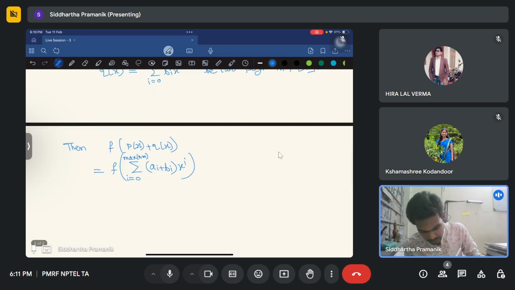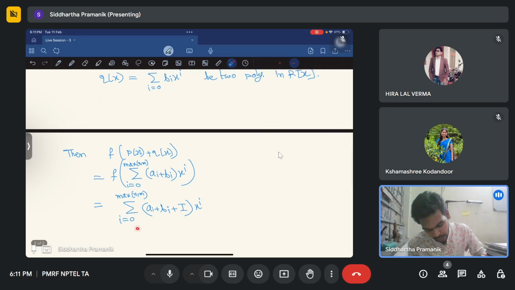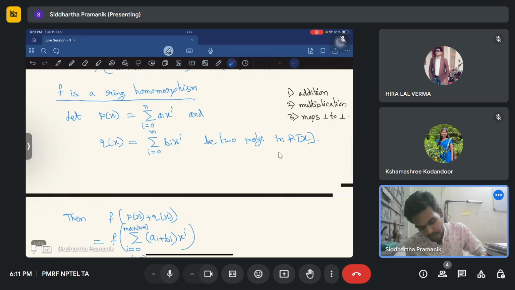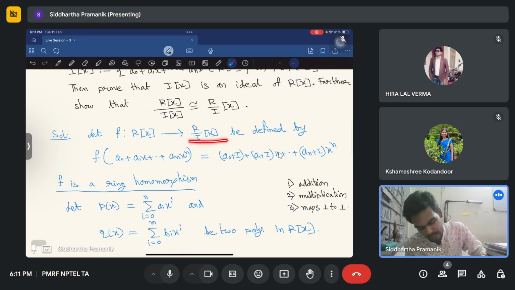Now you apply the function f. So it will be basically the summation of (a_i plus I plus b_i plus I) times x^i, for i equals 0 to maximum of n comma m. Now we are in the ring (R mod I)[x], so just use the addition of this ring.